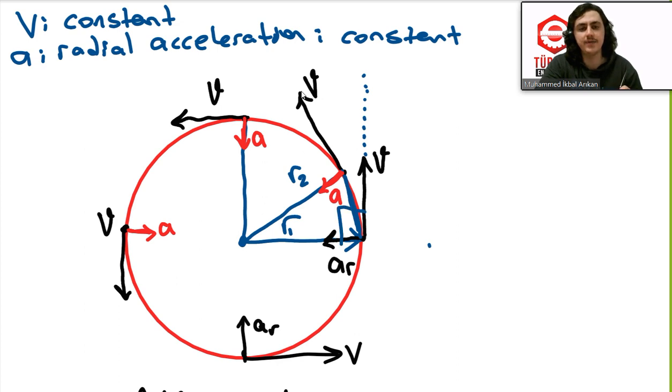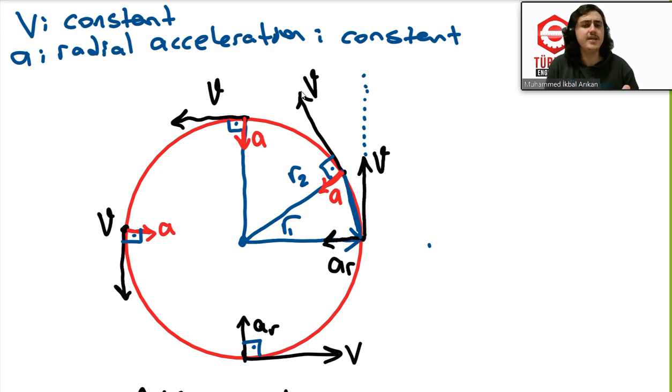So I have 90 degrees here, and 90 degrees here, and here, and here, and here. So the velocity and acceleration vectors will always be perpendicular to each other. The radial acceleration vector will always point toward the center, opposite to the radius, and the velocity will always be tangential.